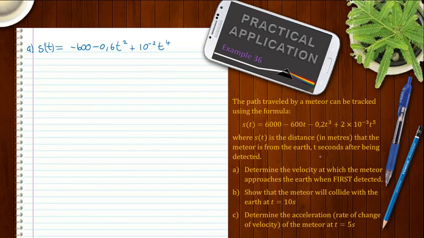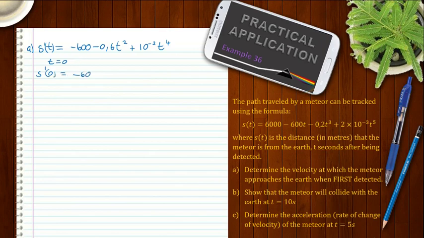Now, if we look at the rest of the question, it says the velocity, but where? The velocity at which the meteor approaches the Earth when it was first detected. So first means the time was immediately, so it's going to be where t equals 0. So all I do now is substitute t equals 0 into this first derivative that I calculated.